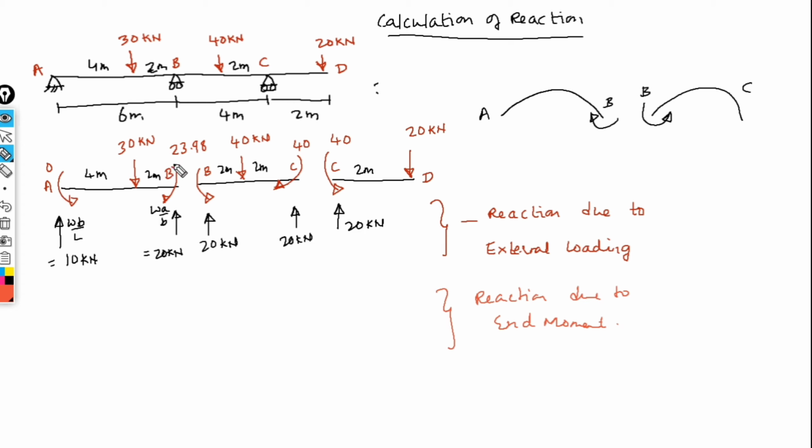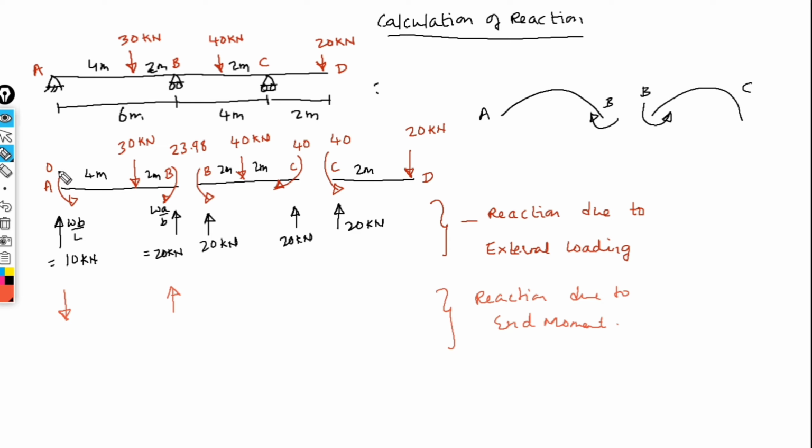For AB, you see 23.98 is the maximum and it is clockwise. The sign of the reaction will be anti-clockwise. The couple that will be created by the reactions will be anti-clockwise. Since the maximum end moment is clockwise, this will be anti-clockwise. And the magnitude is the difference of moment divided by span.